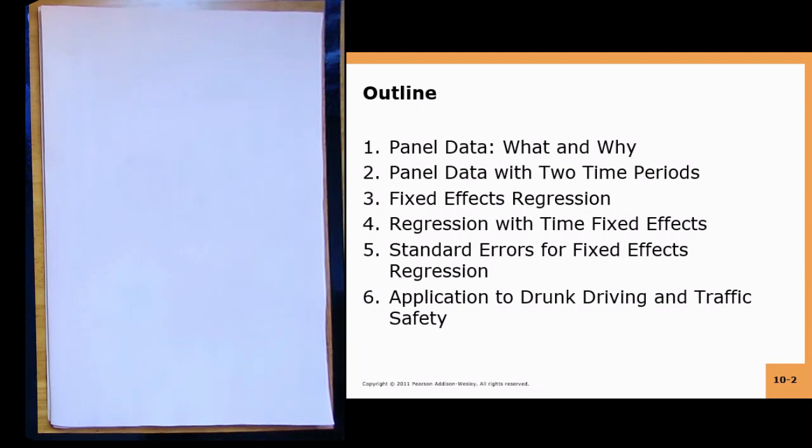And then it goes back and asks the same households in another period of time, 2002, and another period of time, 2003. And then when it gathers all of this data together, this data for the same entities followed over a period of time is called panel data.